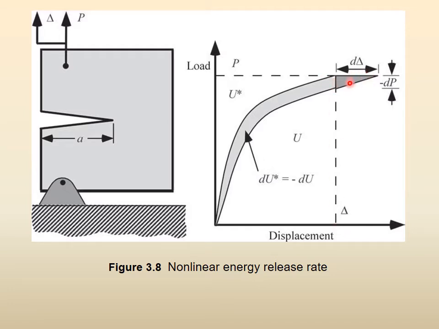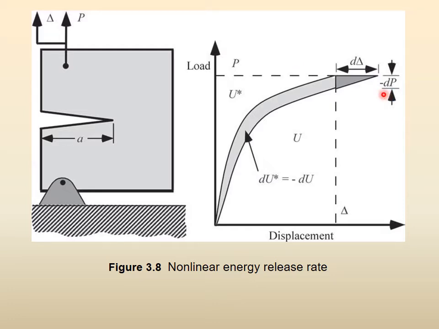So if we take a very small area, an infinitesimal area, where the size is d delta, right? Delta is changing. If the size is d delta, then this small change is dP. The minus sign, remember, is there because if we work on the material, energy is positive. If the crack opens, the energy is released from the system, so it is minus.